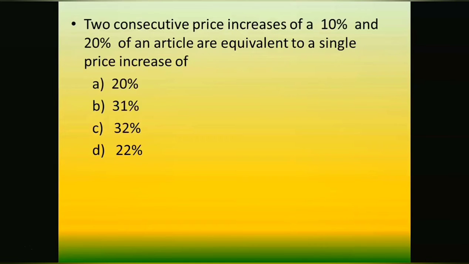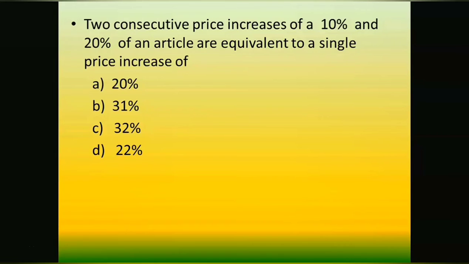Two consecutive price increases of 10% and 20% of an article are equivalent to a single price increase of, okay, so in this case on one article they are changing the price of that article.